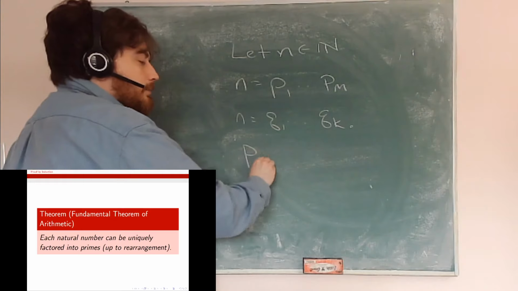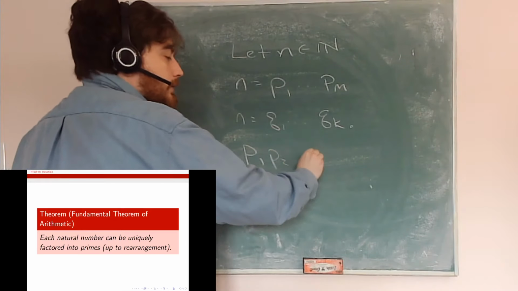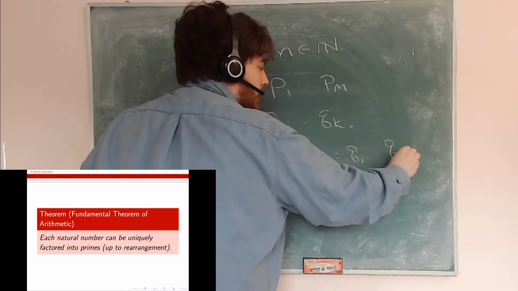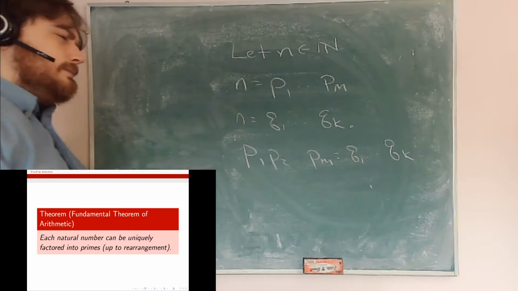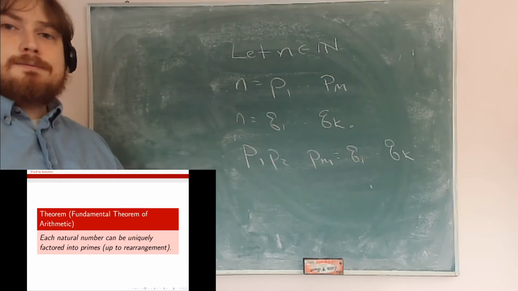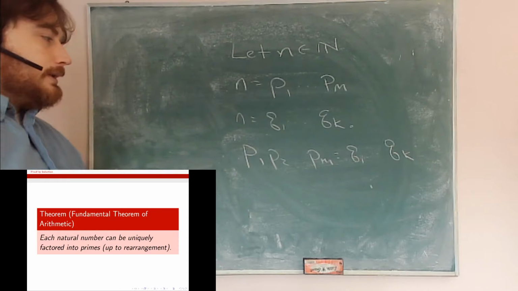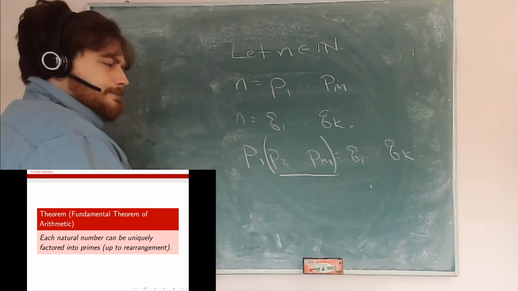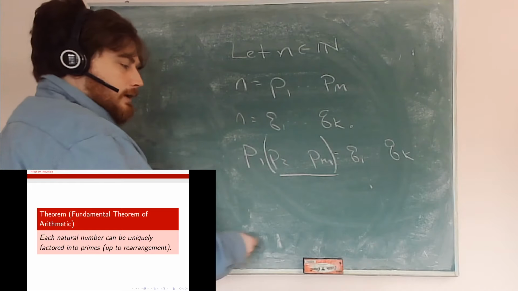So the point here is that p1, p2 through pm is equal to q1 through qk. So this product is equal to this product. Well, what we notice here is that this is an integer. How is that helpful?